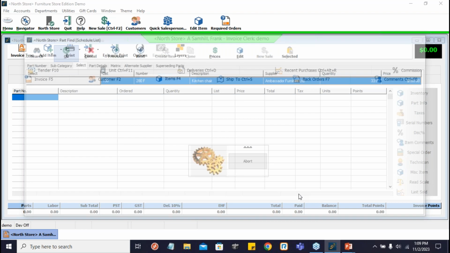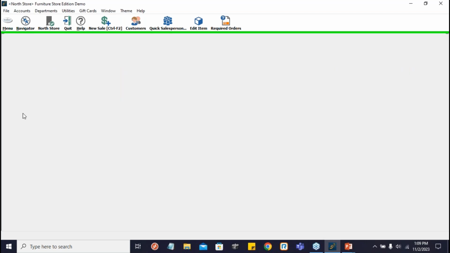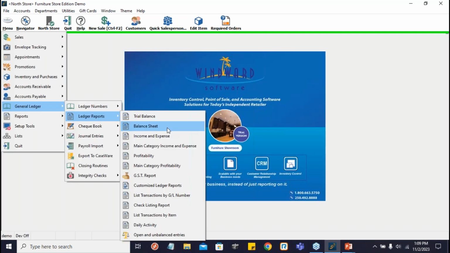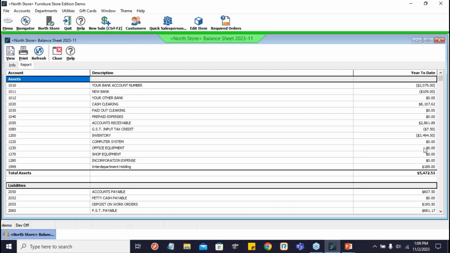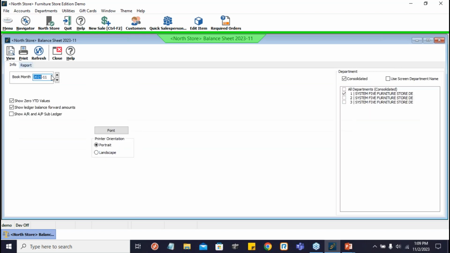Go to the balance sheet again to view the GST that we have collected from the customer. That would be under 2080.